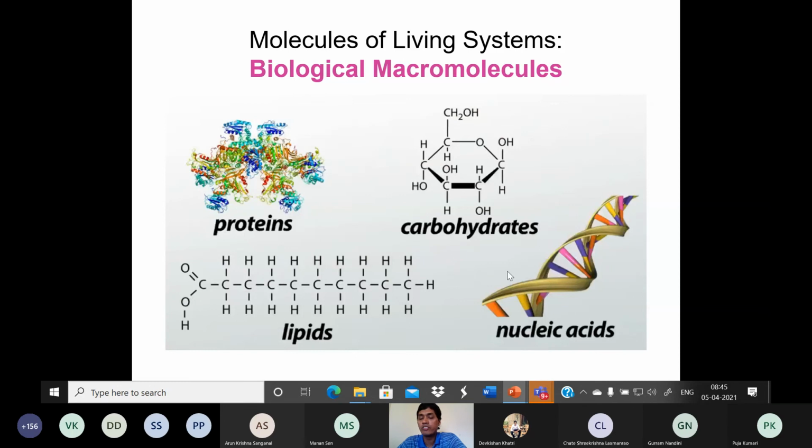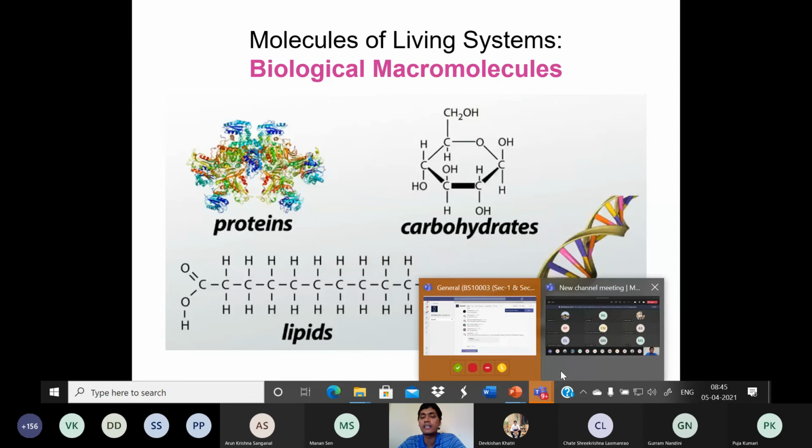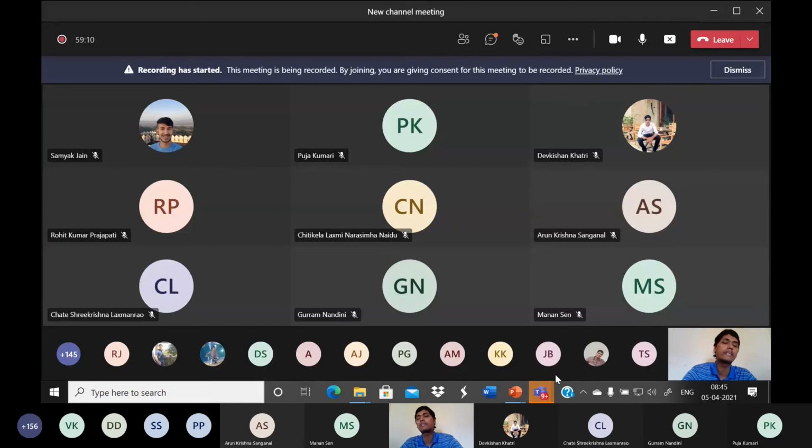In the first two classes, we will concentrate on nucleic acids, and then we will slowly go towards protein. I should mention here that many of you might know from your school days that information is stored in DNA, but DNA itself cannot work.